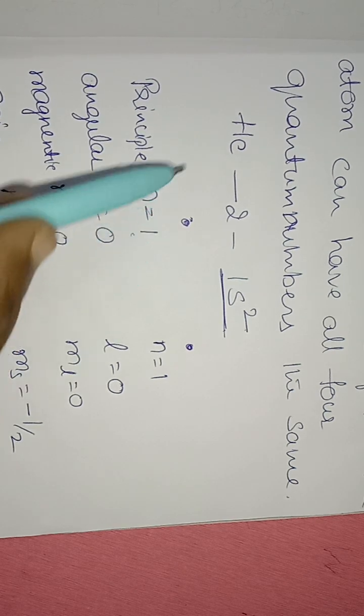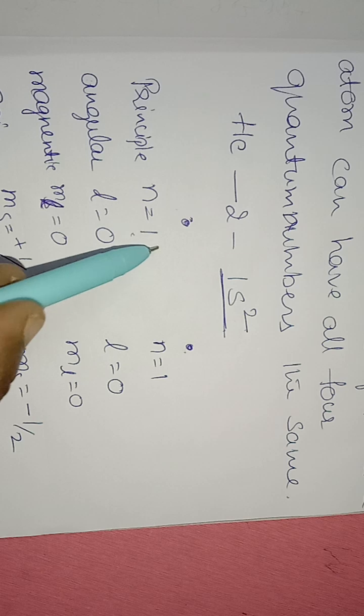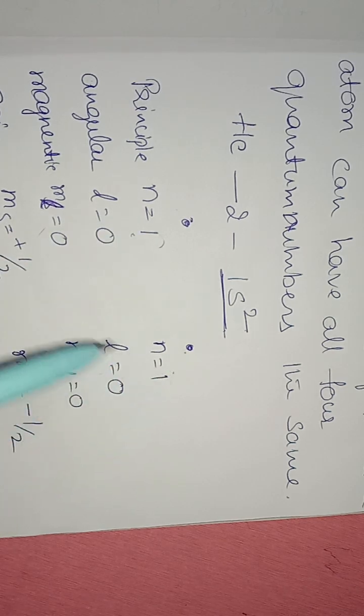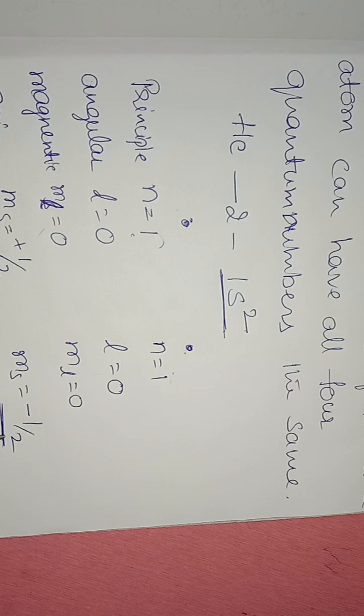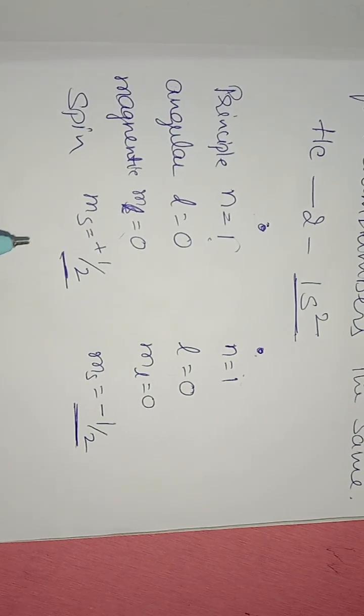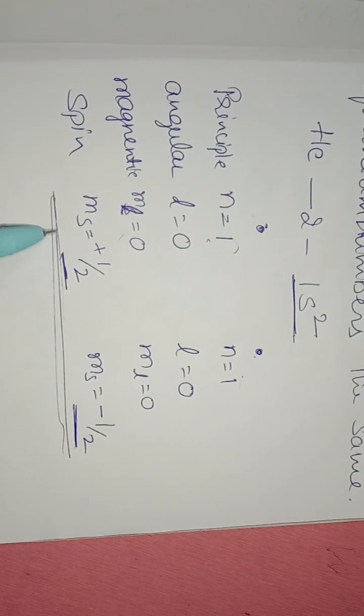For helium, the two electrons have all values the same; only the spin changes.